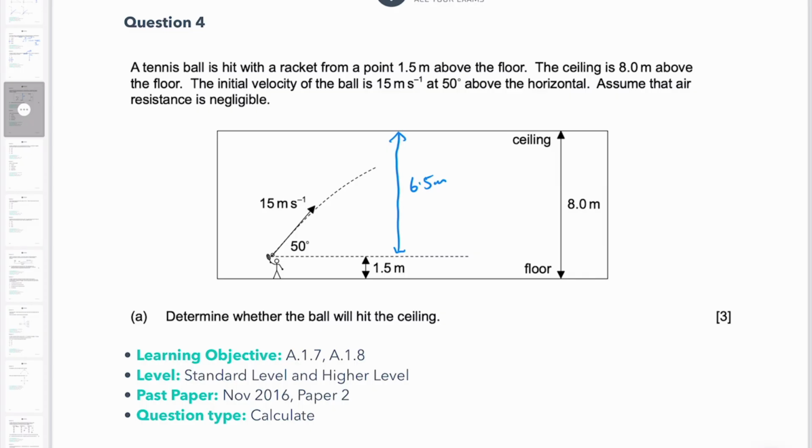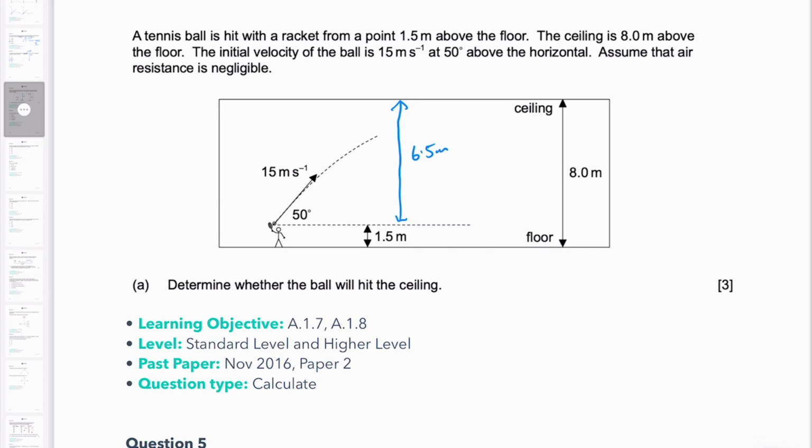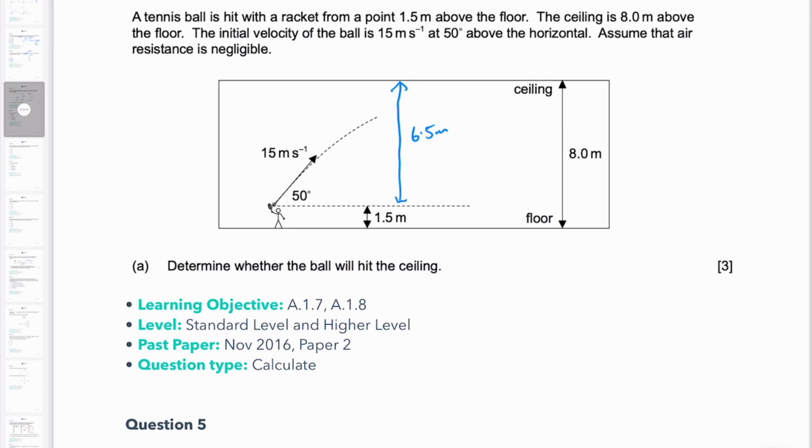Now, the ball will hit the ceiling if its maximum height is greater than 6.5 meters. So let's find what the maximum height of this ball will be. We are dealing with a projectile, so we use vertical and horizontal sides. On the vertical, we're interested in SUVAT equations, and on the horizontal, we're interested in the speed equals distance over time equation.